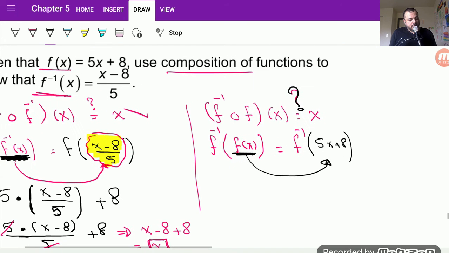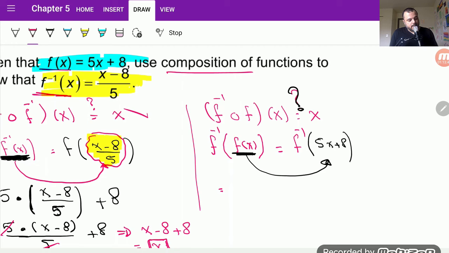So let's calculate this and plug this into the inverse. What I'm going to get, this is the inverse. Remember, this is the inverse, and this is the function. Okay? Plug 5x plus 8 into the f inverse. What do we get?